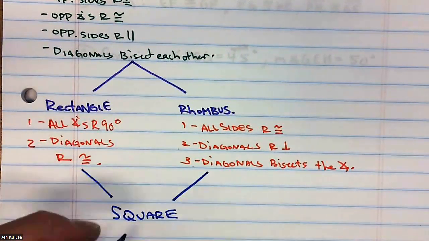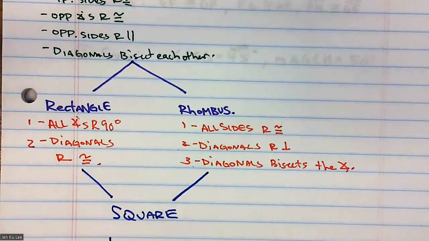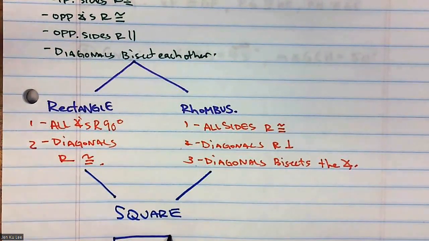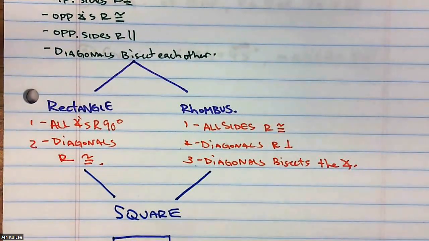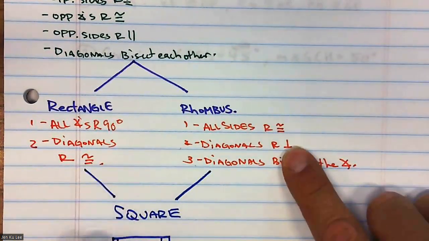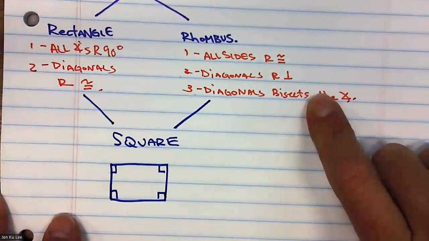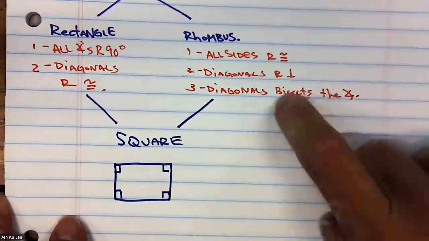A square's diagonals are congruent. And that's a bad square, but okay. They're all 90 degrees. The diagonals are congruent. The diagonals are perpendicular. The diagonals bisect the angles, right?